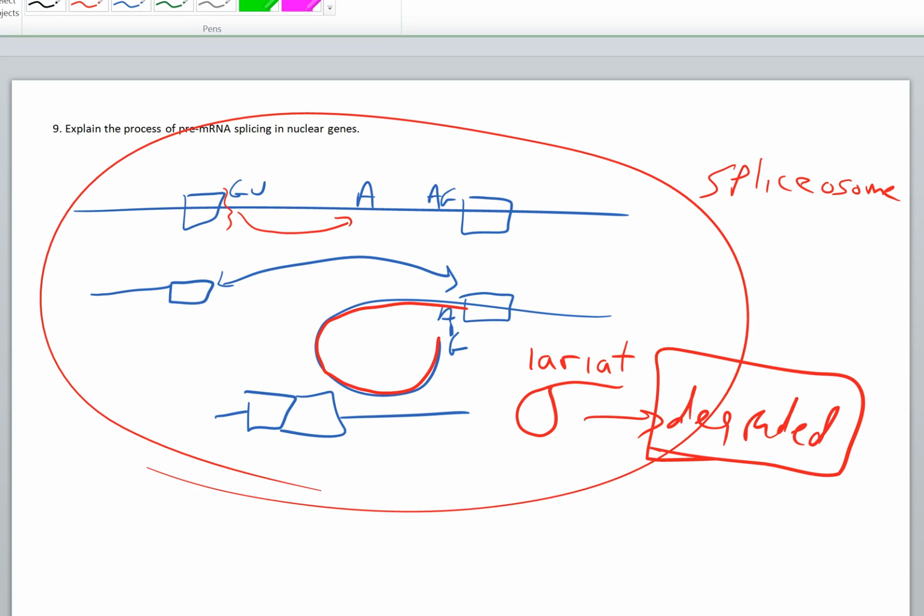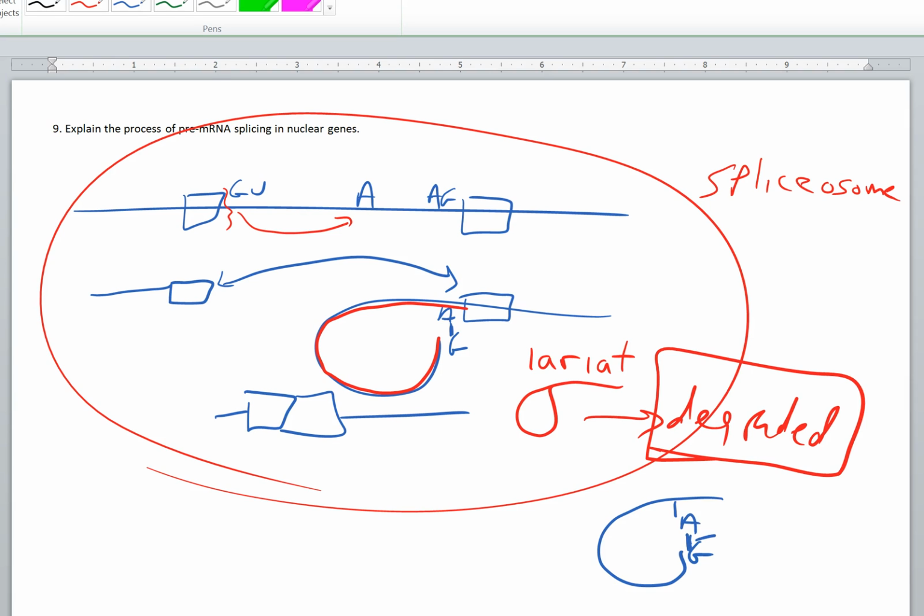Now the one thing I always want to point out, because this looks a little bit confusing, is we got an AG bond right here. This G and this A are forming a bond, and it's a covalent bond. So this is not an AG base pair, they're not base pairing. They're actually forming a phosphodiester bond.